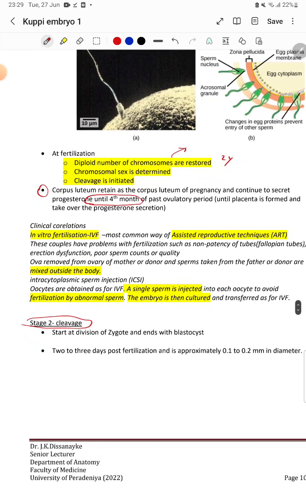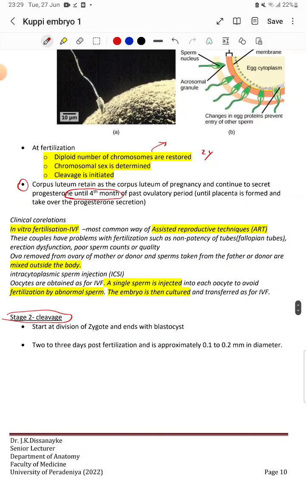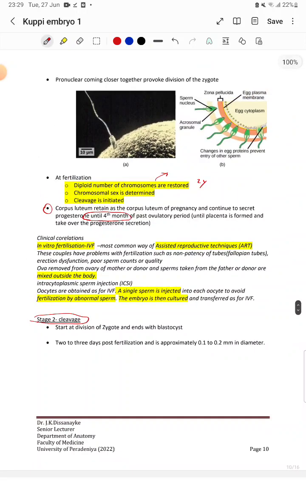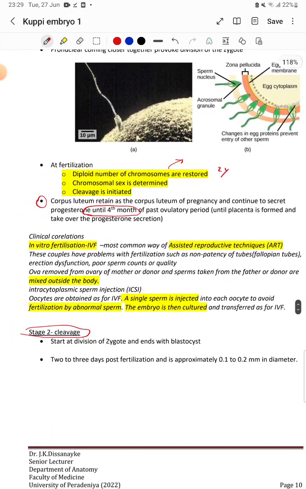In terms of clinical correlations, you have IVF. IVF is an assisted reproductive technique that combats the inability of a couple to achieve fertilization.